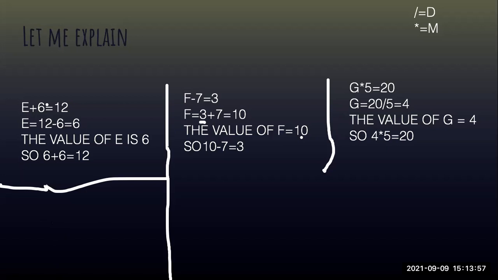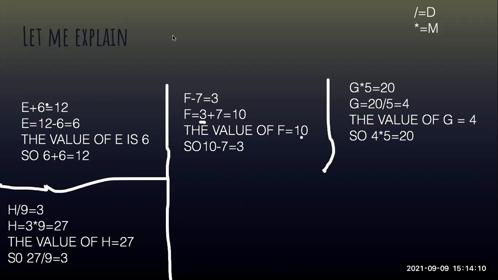So 27 divided by 9 is equal to 3. Correct? How did it happen? Let me explain.